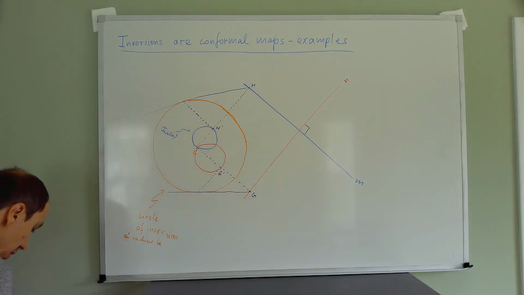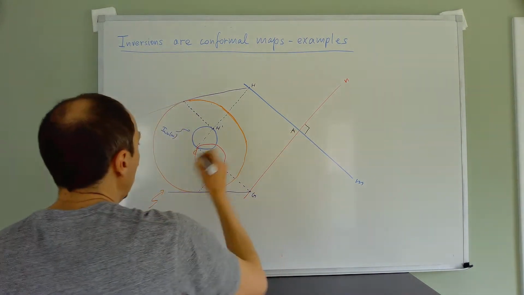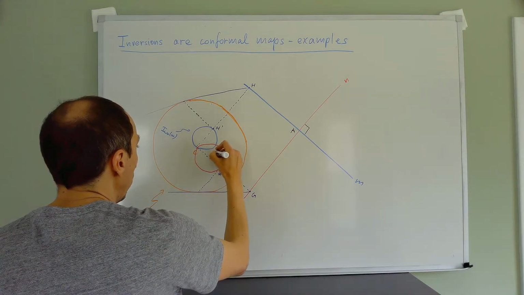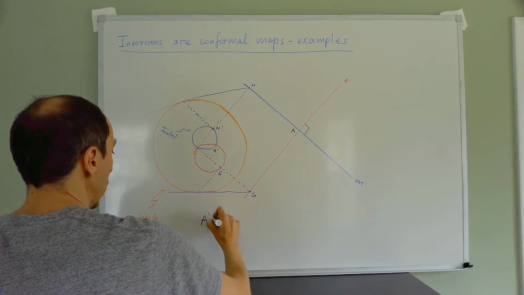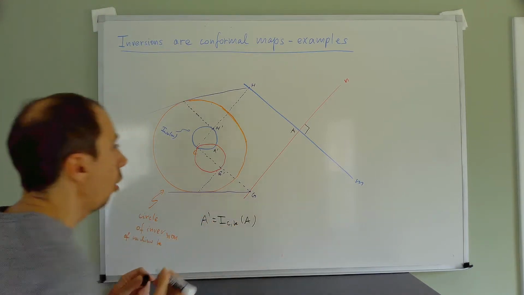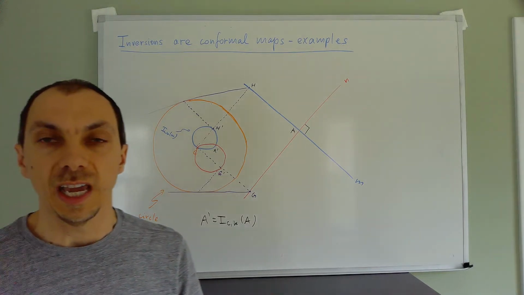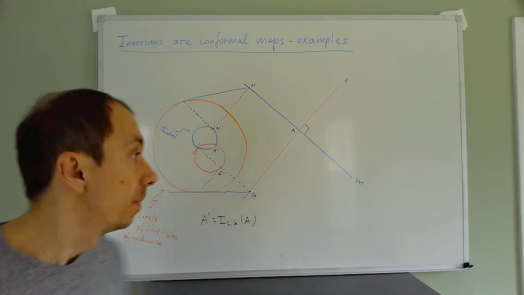So I'm going to now mark that point of intersection here as A, and this now is A prime, where A prime is the image of A. Okay, so the question is, what's the angle between these two circles at A prime?